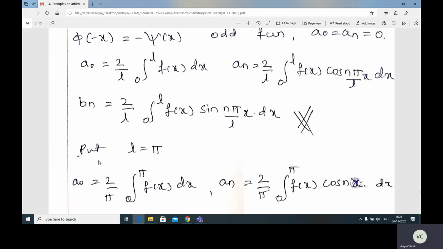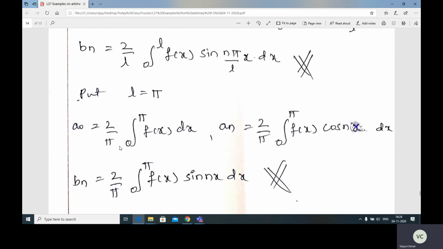If a function is in terms of pi, a0 is 2 by pi integration from 0 to pi f of x dx. an is 2 by pi integration from 0 to pi f of x cos nx dx. And bn is 2 by pi integration from 0 to pi f of x sin nx dx.